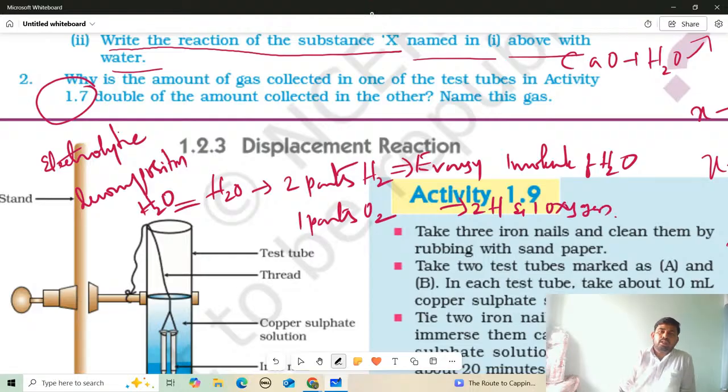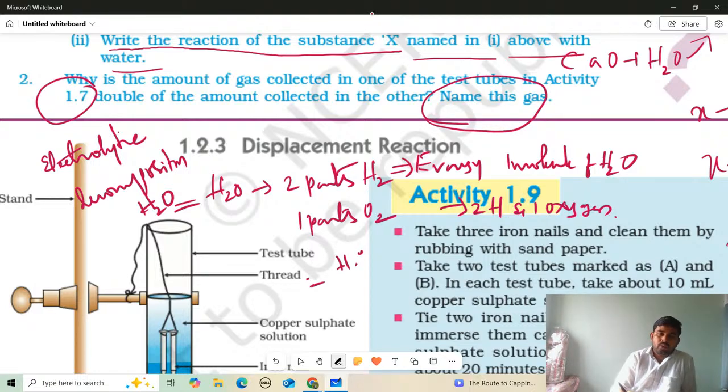This is the answer. Similarly, name the gas which is double here. You know very well the ratio is 2 to 1, so hydrogen is double. So double means hydrogen gas.